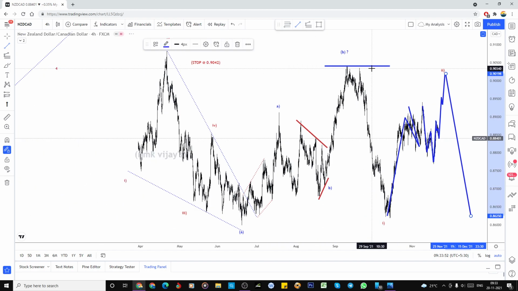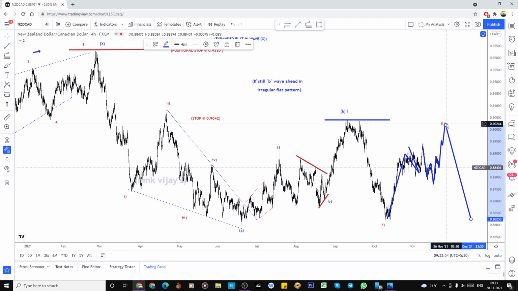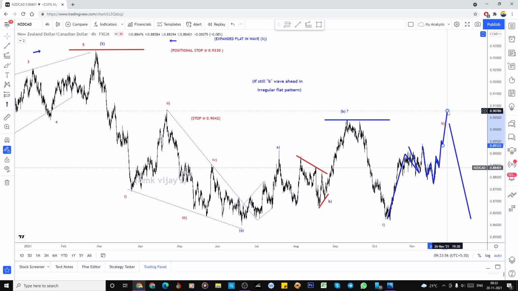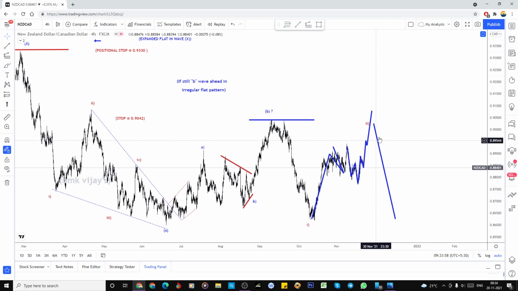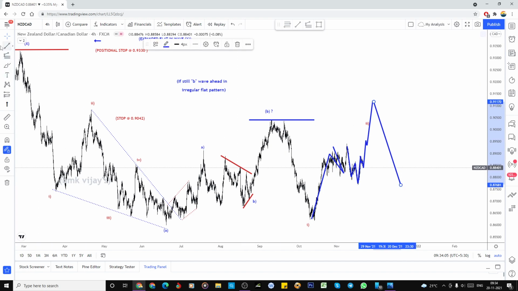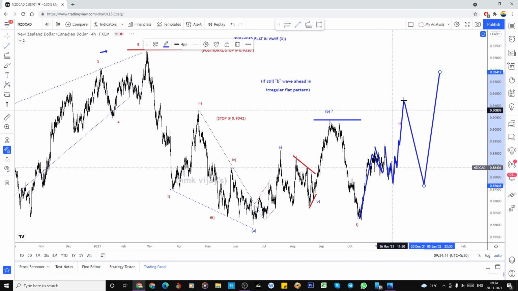But unnecessarily, if it breaks the high in the three-wave structure, then also I'm expecting the downtrend for the five-wave structure, and later onwards I'm expecting one more high. If it breaks this high, there is a lot of chances again to break one more high.